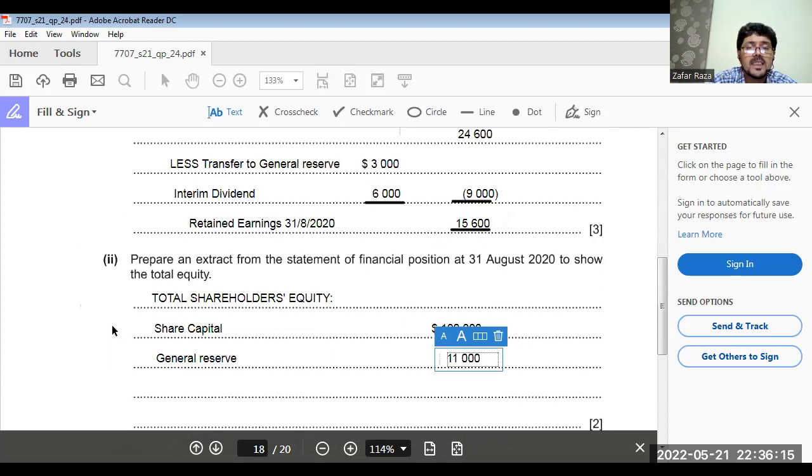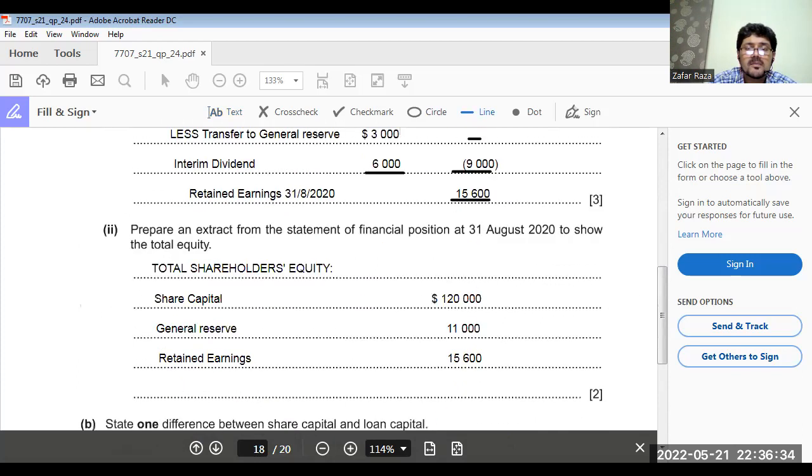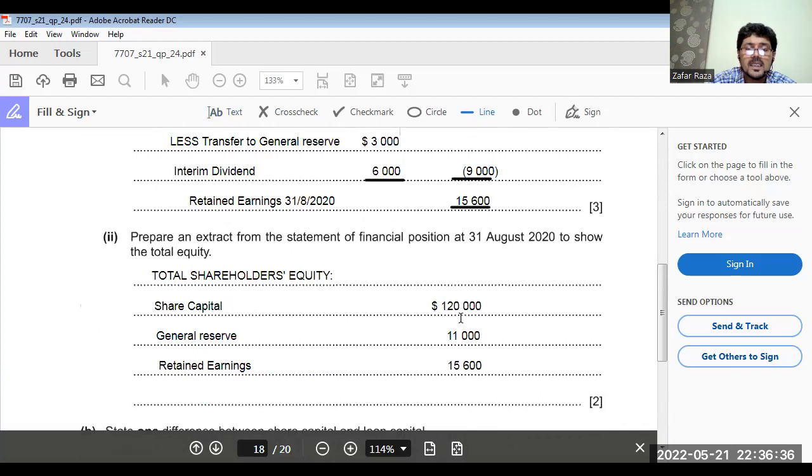Retained earnings closing balance 15,600. Don't take the opening balance, okay? That is 15,600. And we get the total over here. So after adding that, shareholders' equity will be how much?